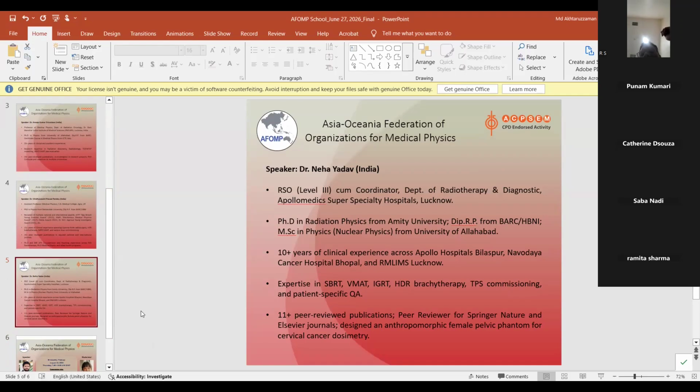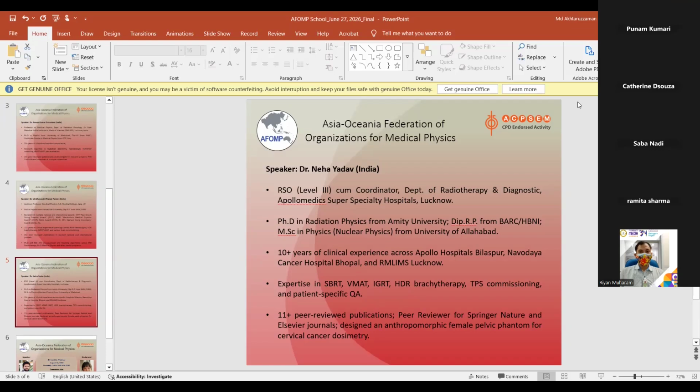Next speaker is Dr. Neha Yadav. She is a clinical medical physics coordinator of the Department of Radiotherapy and Diagnostics at Apollo Medics Super Specialty Hospitals, Lucknow, and she completed her PhD in radiation physics from Amity University and a DRPAI from BARC. She has 10 years of experience in this field and has expertise in SBRT, advanced treatment planning techniques, TPS commissioning, and patient-specific QA.